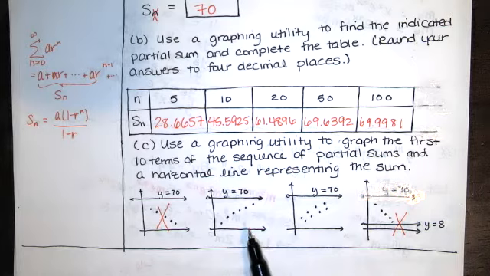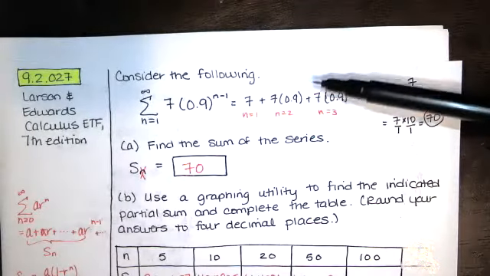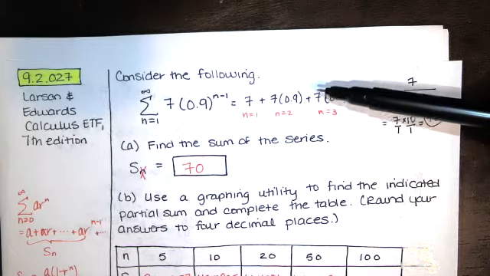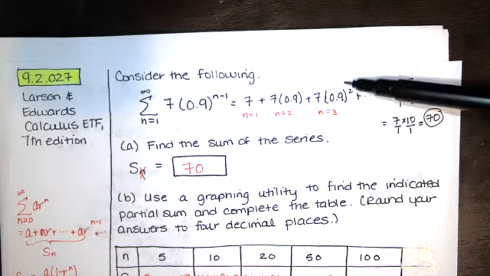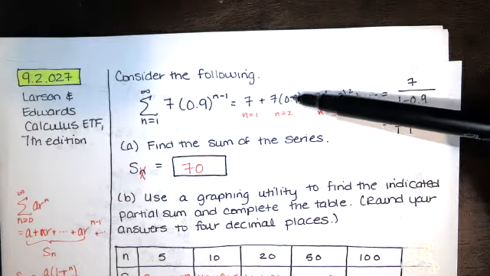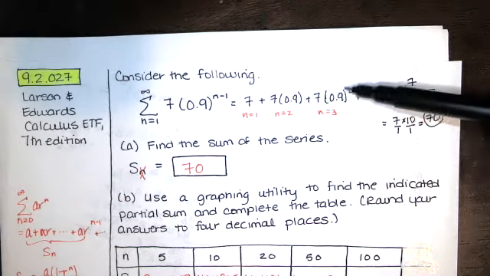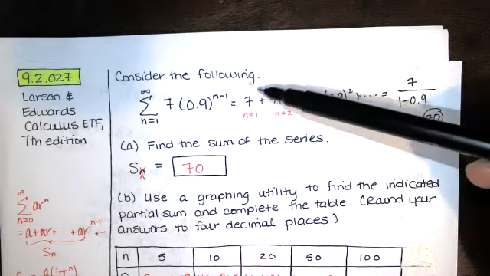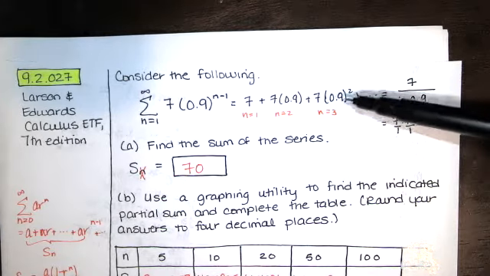But let's think about it. If we keep multiplying by this 0.9, then this plus this plus this is always going to be a little bit more than the last term. So the individual terms are approaching 0.